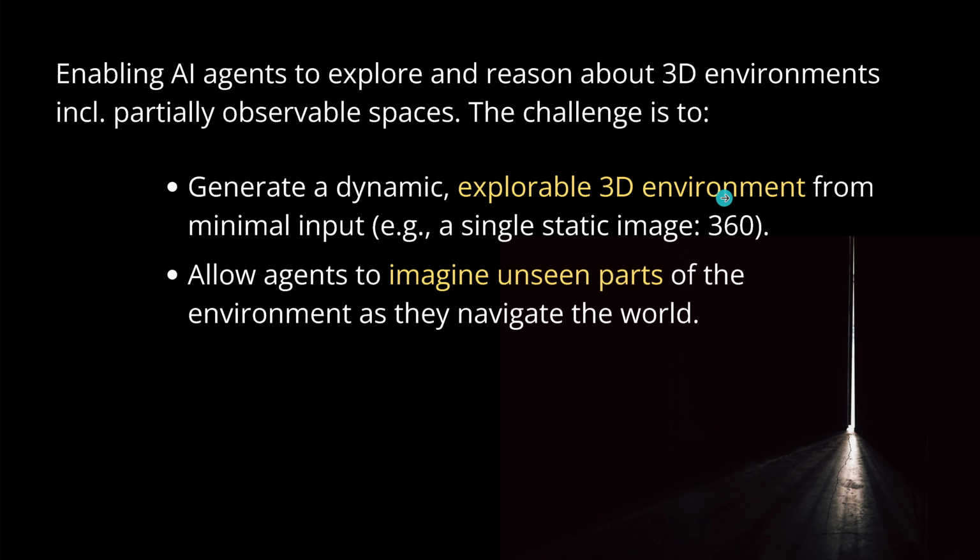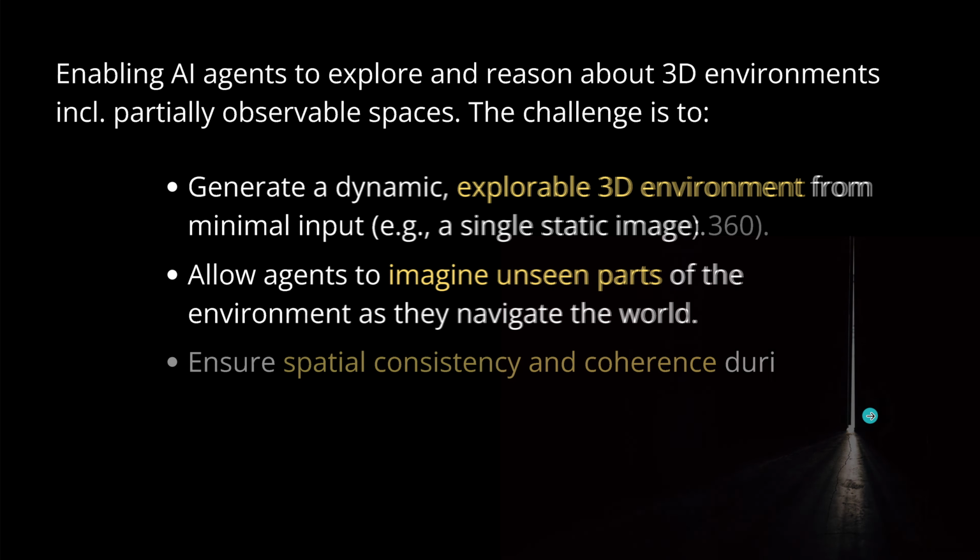Because as you see in the image, there are corners we don't have recorded yet. So those agents running around in our 3D environment, they have virtually to generate unseen parts of the world. So they have to look behind the corner.